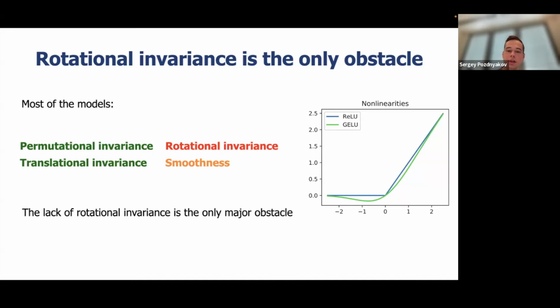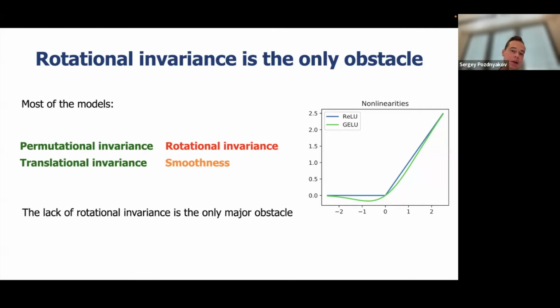The situation with rotational invariance is much more complicated. Most of the general purpose point cloud models are not invariant with respect to rotations, and it is really hard to make them invariant with respect to rotations.